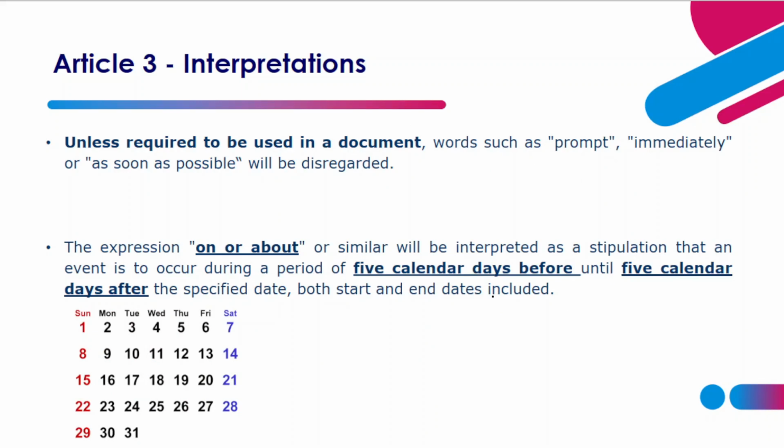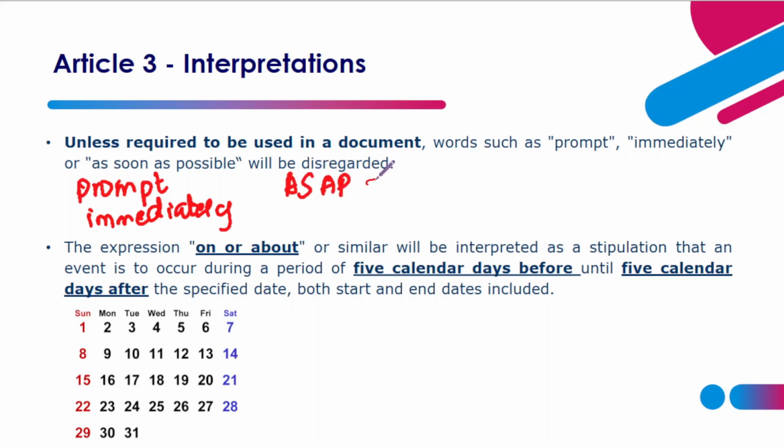Unless required to be used in a document, words such as prompt, immediately, or as soon as possible will be disregarded. Again, three terms: prompt, immediately, and as soon as possible.